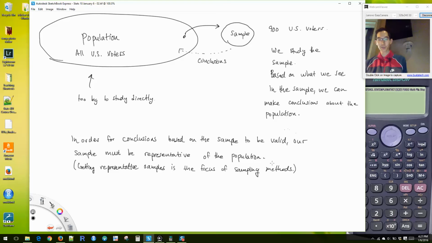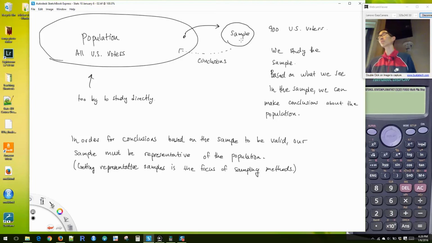Is the focus of sampling methods, and so we'll talk about some of these sampling methods later on in the course, okay? But this is where we are headed, and there's a bunch of background that we have to talk about in terms of the types of conclusions we can make based on a sample.